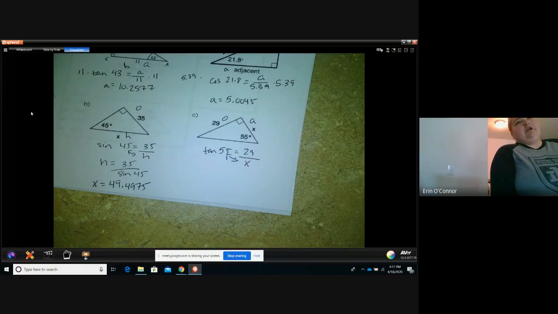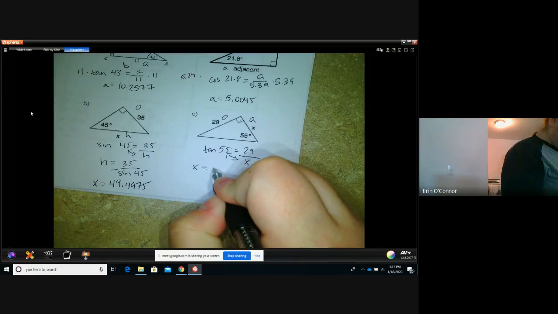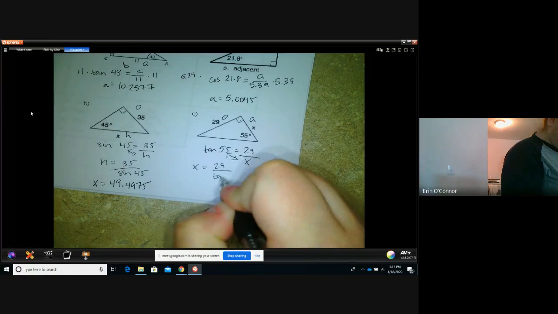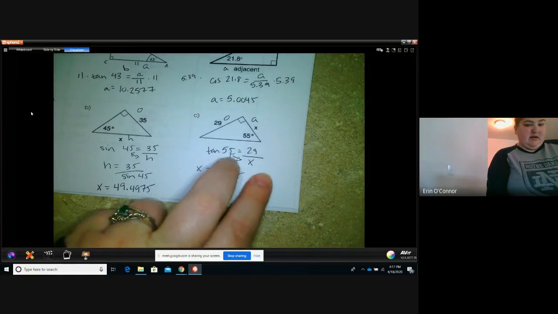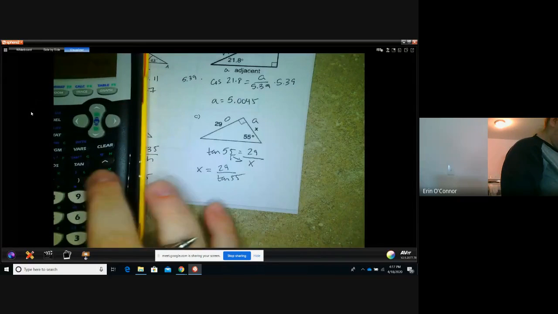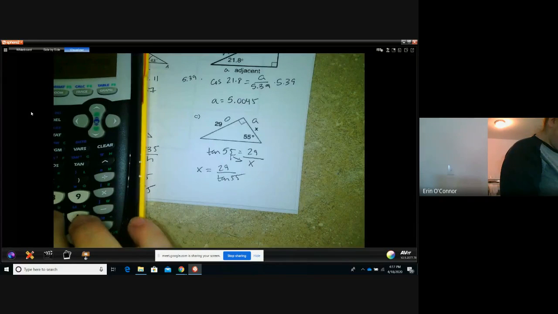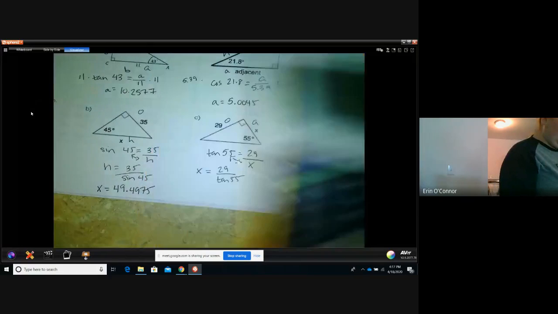I can't really think of a reason to use the reciprocal functions because these work out just as well. So x is equal to 29 over tan 55. You only really use the reciprocal functions if you don't want to do this math right here. 29 divided by tan 55 is equal to 20.3060.